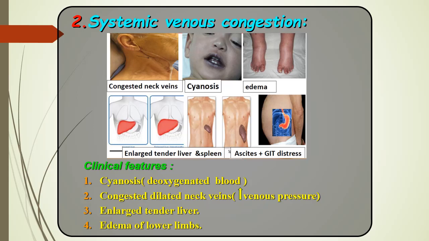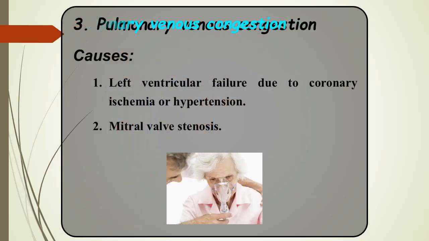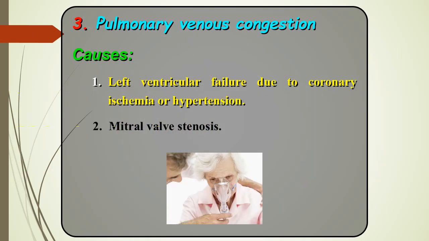And also you can see as a clinical sign the congested neck veins due to increased venous pressure, edema of the lower limb, mainly due to increased venous and capillary pressure and hypoxia. Also, there may be an enlarged tender liver.